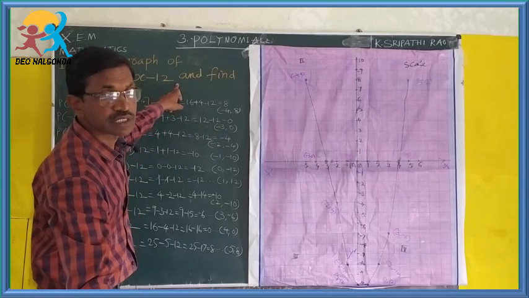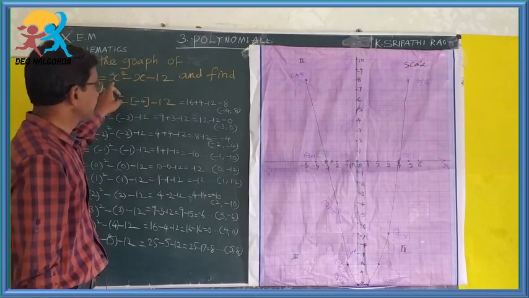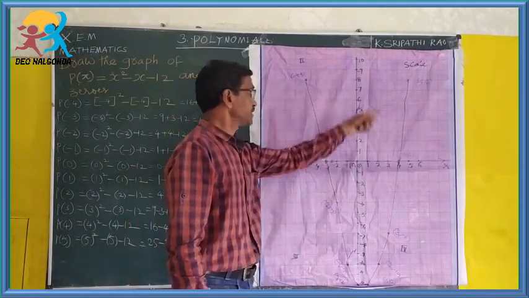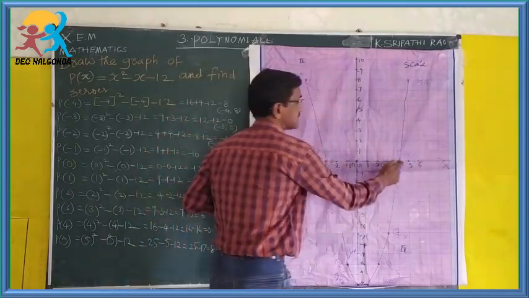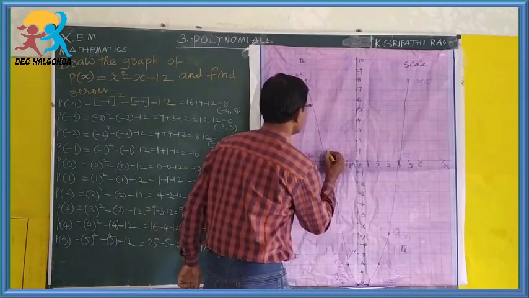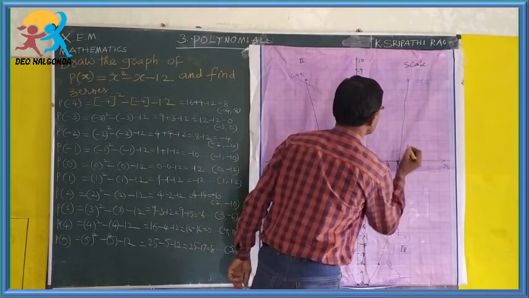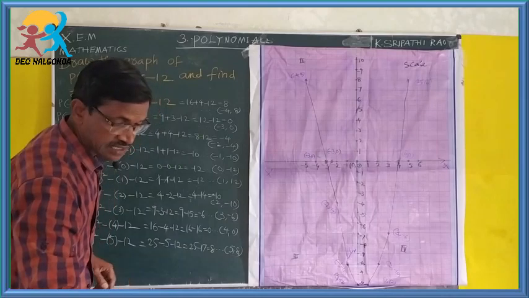If you draw a quadratic polynomial, you will get this type of curve. This is called a parabola. So it cuts the x-axis at 2 points. What are the points here? Here minus 3 comma 0 and here 4 comma 0. These 2 points.